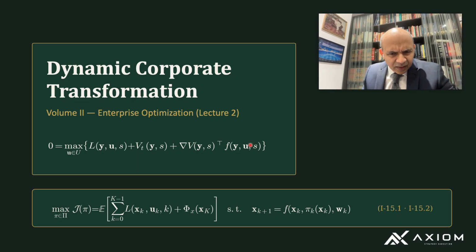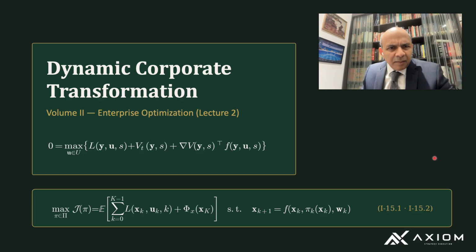Now, the function f to the right, this is the state transition dynamics. y dot is the evolution, and the gradient of V is the instantaneous change in future enterprise value caused by the control-induced movement of the state.